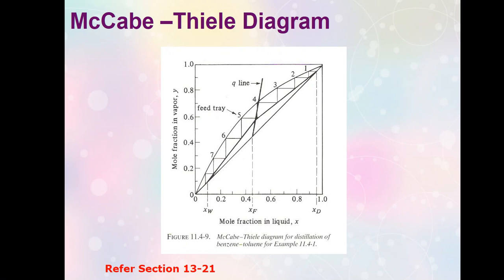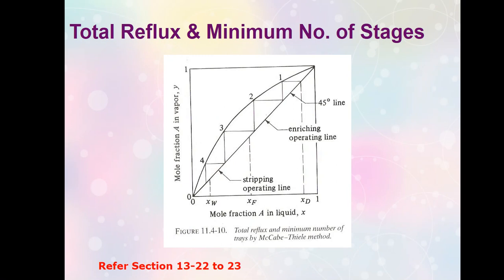But since this is review, you will not have to do this because you will have to do the analytical approach. If it's the total reflux corresponding to the minimum number of stages, there's no need for you to draw the operating lines. Because in the case of total reflux, your operating lines for the enriching section and stripping section are all coinciding on the 45-degree line.